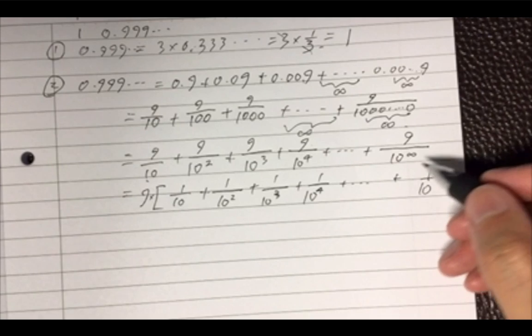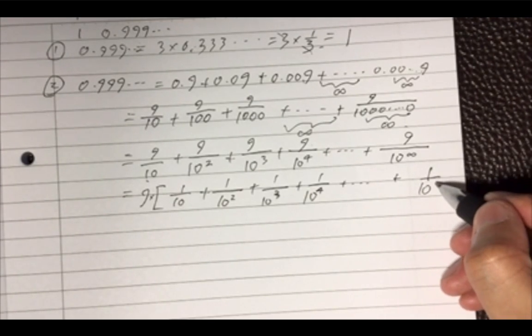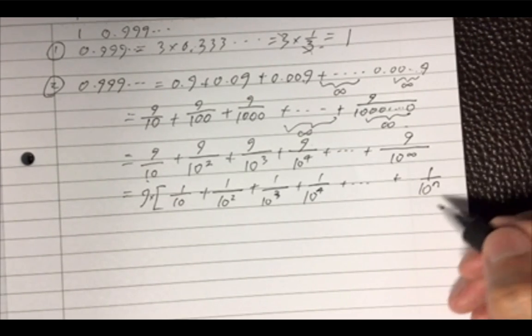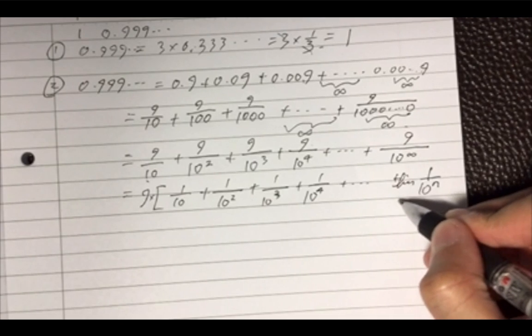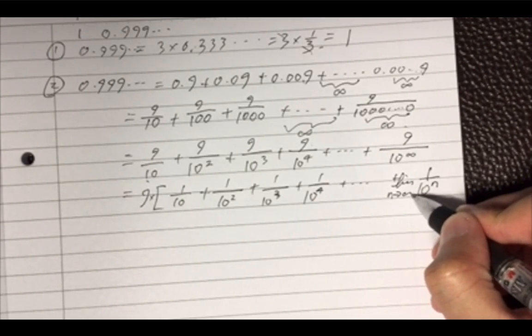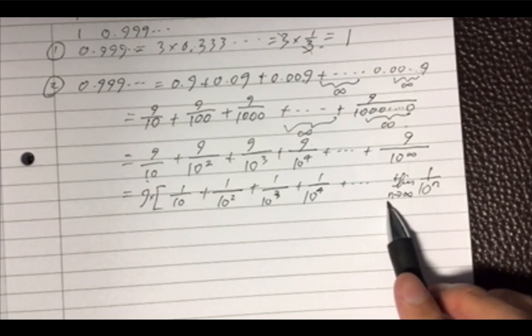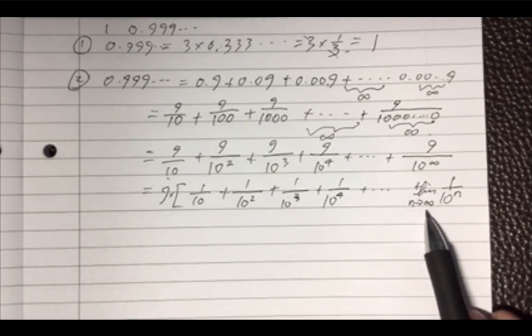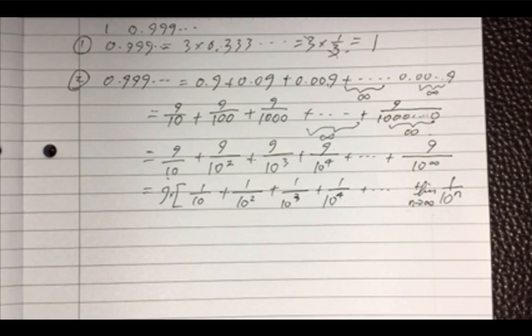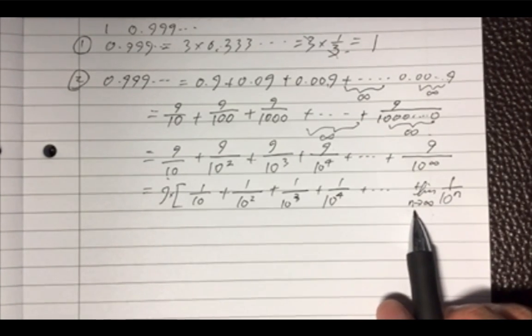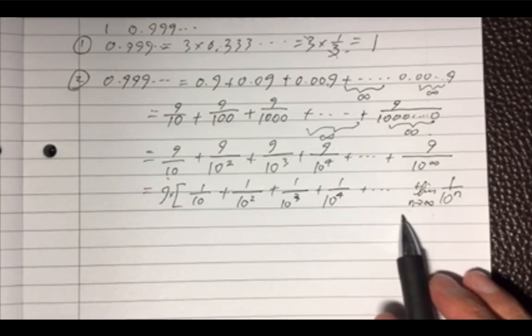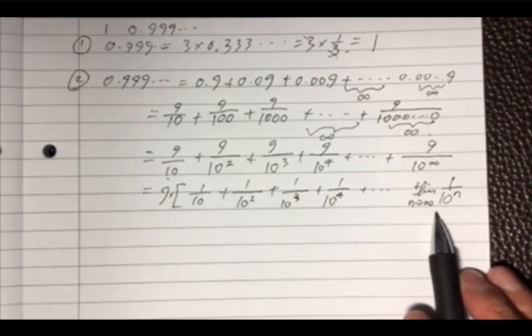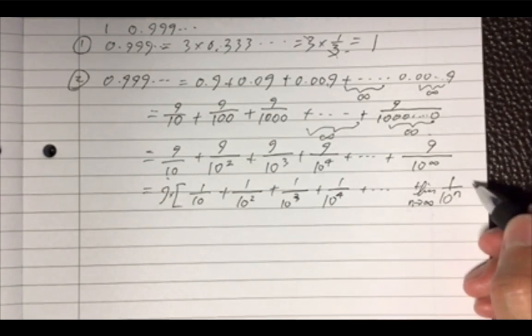But this infinity, I'm going to substitute with n, and this n I'm going to treat as approaching infinity. This way will be more professional. And we can just write this as 10 to the power of n, with n approaching infinity, in the bracket.